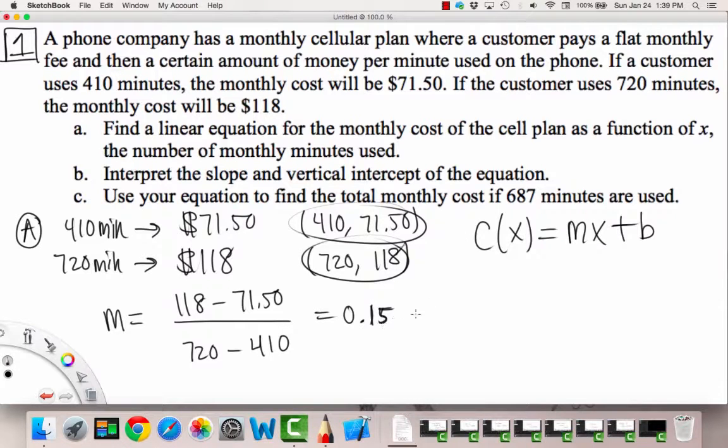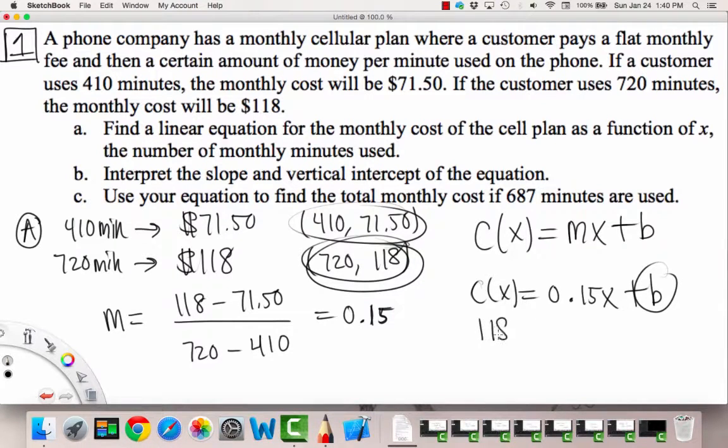Now we have the slope, and we can fill in C of x is equal to 0.15 times x plus b. The question is, what's our y-intercept? We can figure that out by plugging in either of these two points for x and C of x. Let's choose the 720, because that doesn't have any decimals in it.